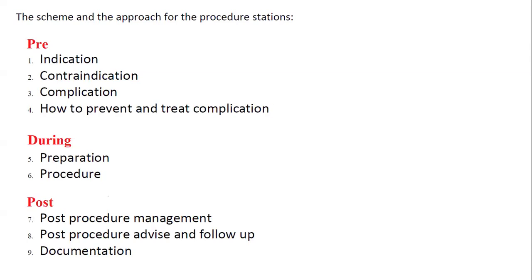Then comes the during part, which starts with preparation. What does preparation mean, guys? Three points. First, preparation of the doctor: wash our hands and wear PPE. Second, preparation of the patient, I mean the actor or the mannequin, which means preparation of the position and the area. For example, for arterial cannulation, you will prepare the patient lying with the wrist in dorsiflexion.